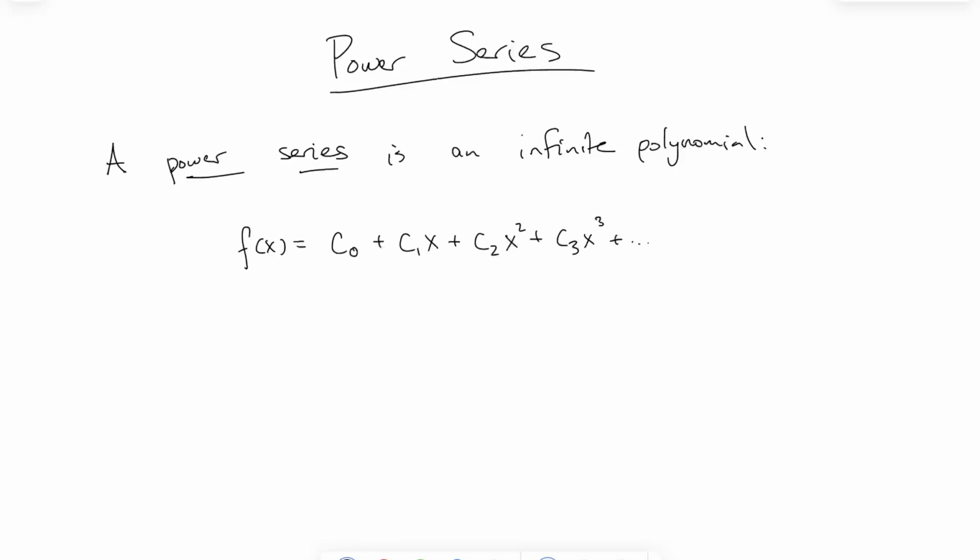You can also write this in series notation. This will be written as the sum of c_n times x to the n. Now this is an unfortunate technicality. When you write it as a sum this way, which we are often going to do, you have to start the n at 0. Usually when we do a series in this class and in our book, they start n at 1.